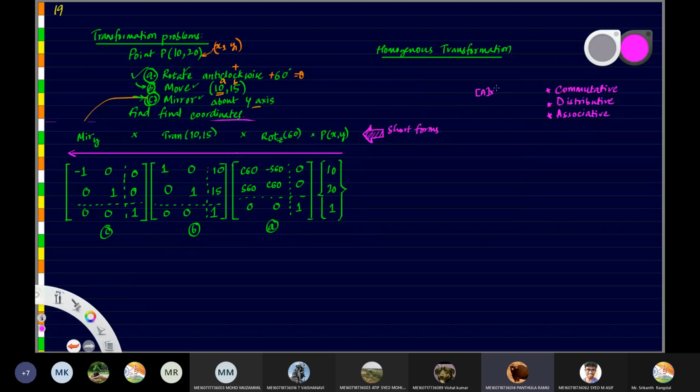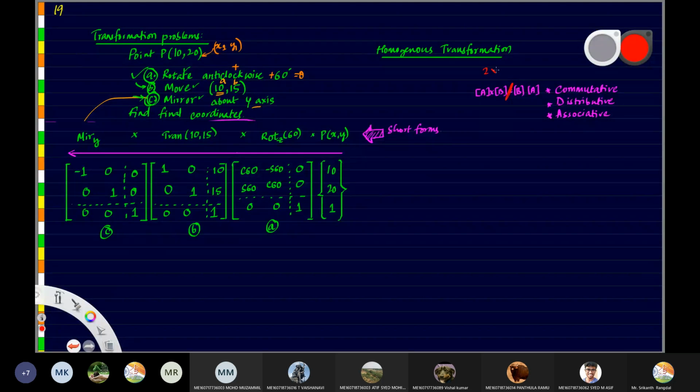So if you take matrices A and B and multiply them, is A into B equal to B into A? Commutative property means A into B and B into A are equal.